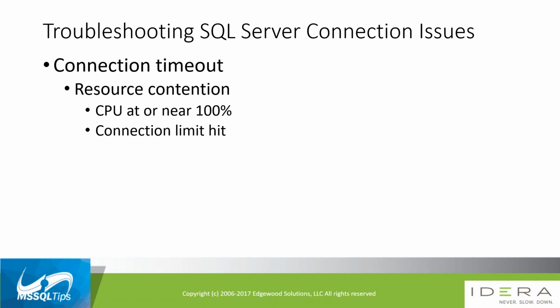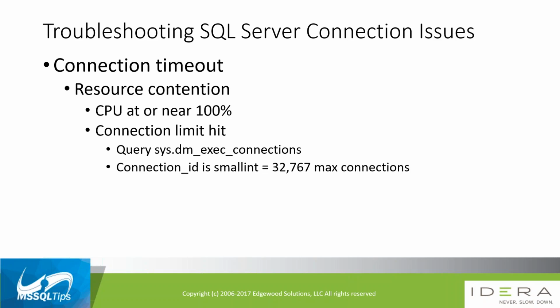Where I work, we do massive parallel operations, and we have queries running in batches of hundreds or thousands at a time. We actually do hit this connection limit quite regularly. You can check how many connections you have by querying sys.dm_exec_connections, and I'll show you a query just a little bit to see that.